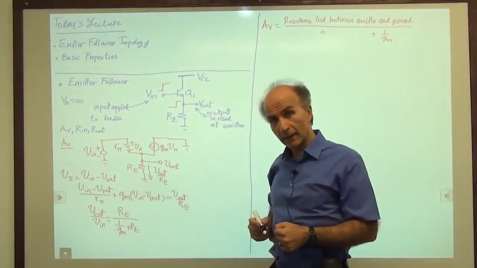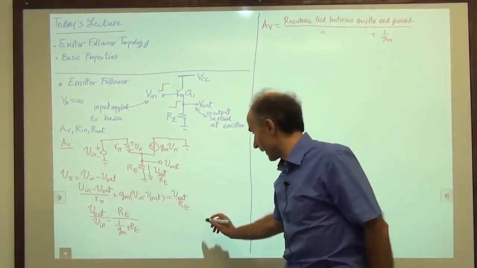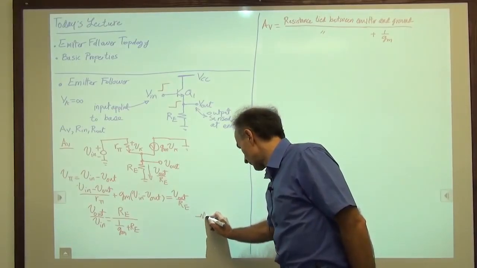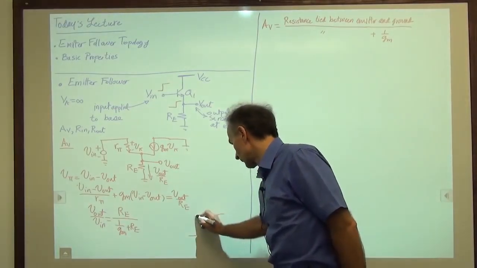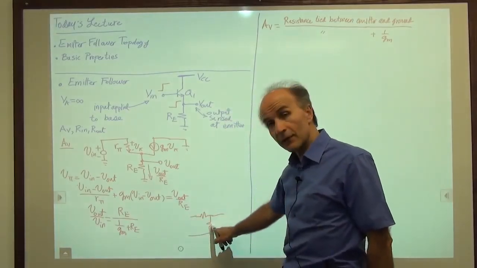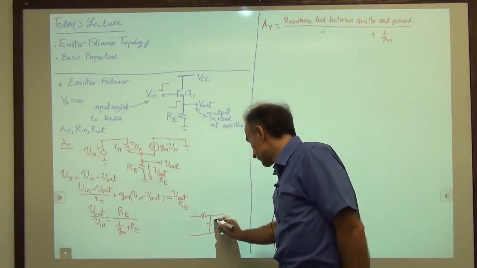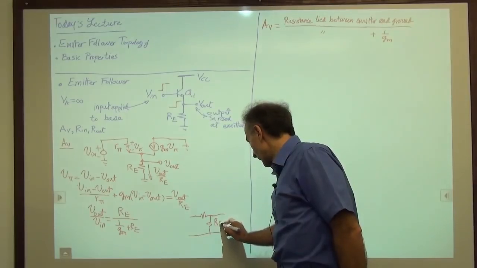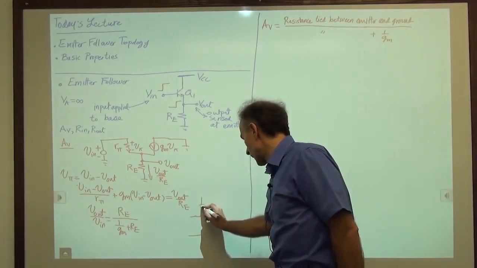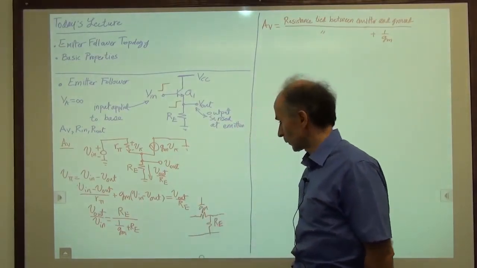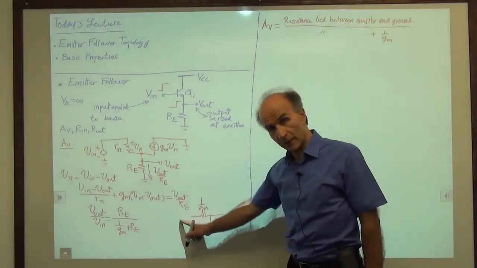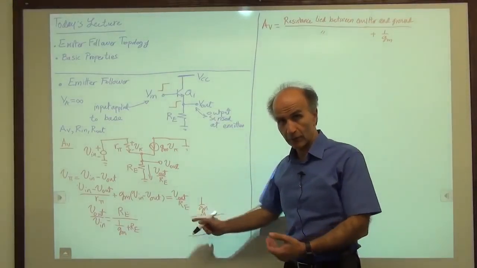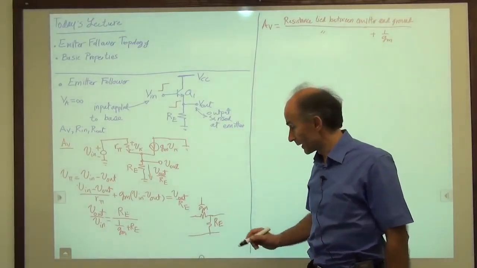So equivalently, I can think of this as this situation. This resistor has to be RE, and this resistor has to be 1 over GM. We see that the voltage gain from here to here, meaning this voltage divided by this voltage, is RE over RE plus 1 over GM.